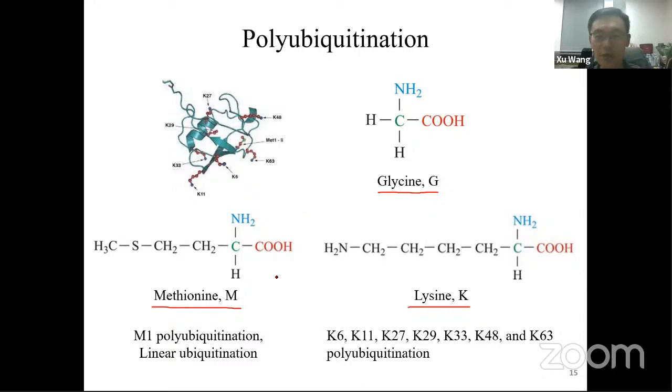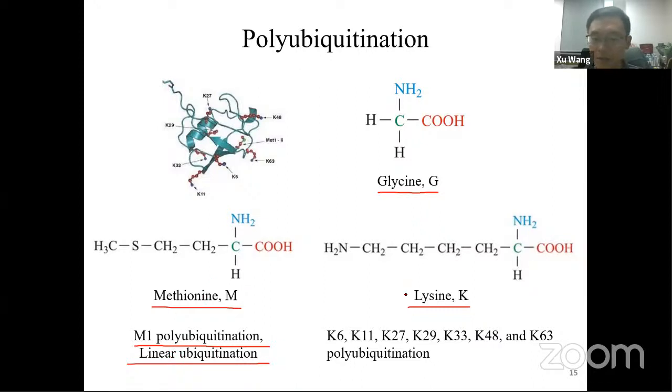If the ubiquitins are linked with a methionine residue, then this polyubiquitination is called M1 polyubiquitination or linear ubiquitination. It is called linear ubiquitination because the methionine residue is the N-terminal, the first amino acid in ubiquitin, and the glycine is the last amino acid of ubiquitin.